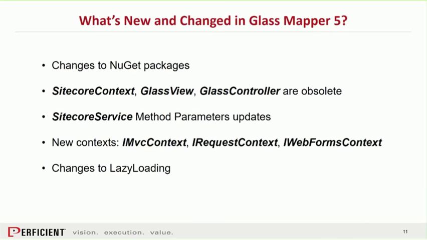And Glass Controller also allowed you to access your data source item or rendering parameters for your item. But now with the new context, that's how you'll be getting those items. So Glass Controller is not really adding value at this point because you can get these items through the new context available.